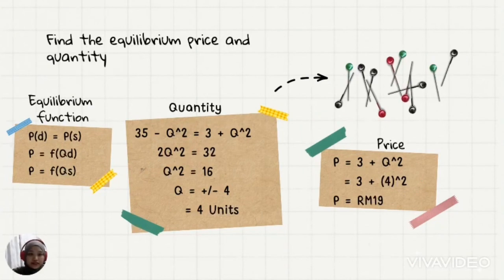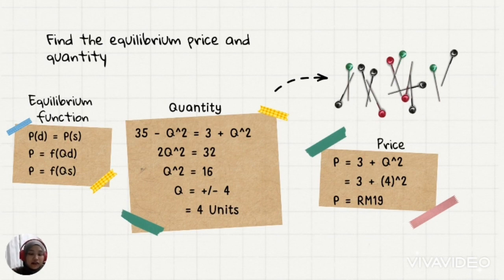Now let's go back to the third question. Find the equilibrium price and quantity. So the equilibrium condition is QD equals QS. First, we need to find the equilibrium quantity, which is when both of the functions are equal. So we solve it and we will get 4 units.